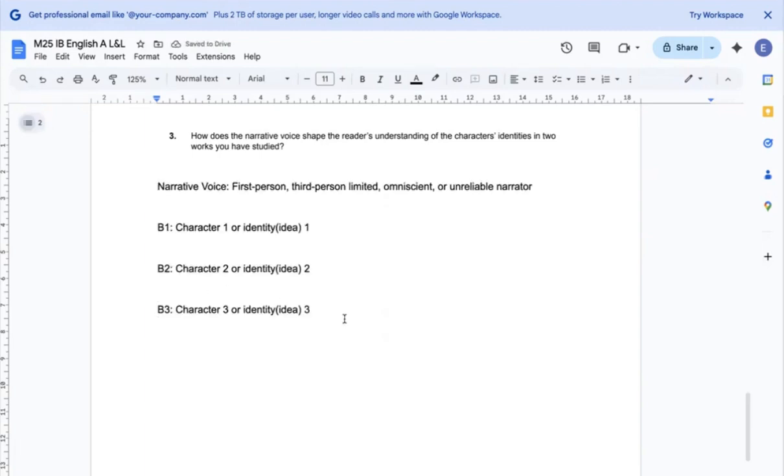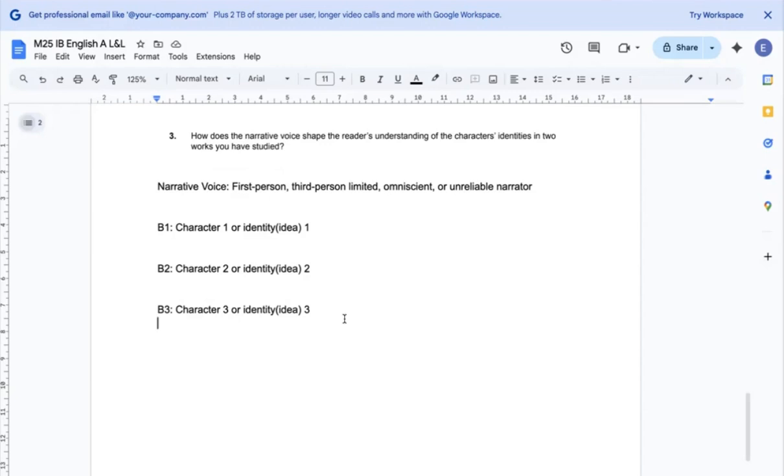So my suggestion is, considering the type of narrative voice that your texts have, such as first person, third person limited, omniscient, unreliable narrator, whatever that is, that your texts both share, based on that, you compose your bodies.